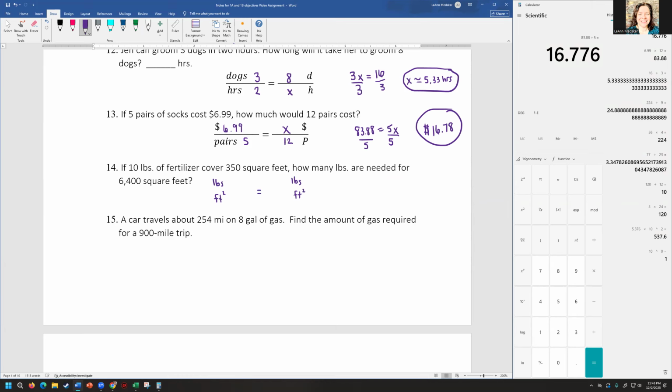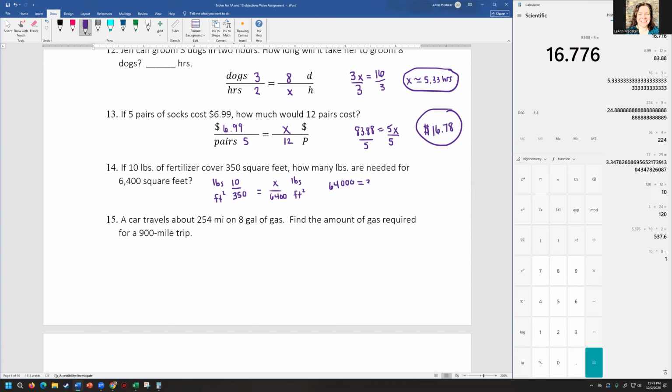So for my first situation, I have 10 pounds of fertilizer. We'll cover the 350 feet squared. How many pounds, so I don't know the number of pounds are needed for 6,400 feet squared. So if I multiply the 10 times that 6,400, that would be 64,000. You can double check that on your calculator.